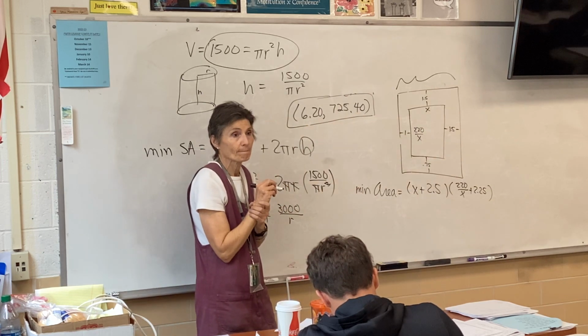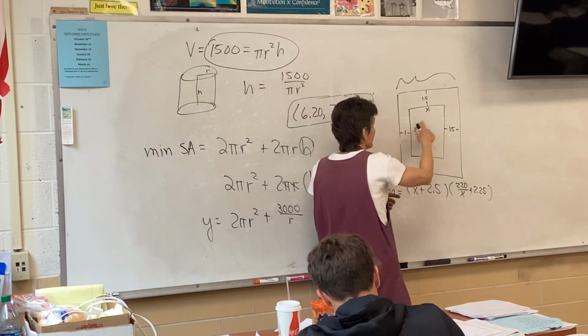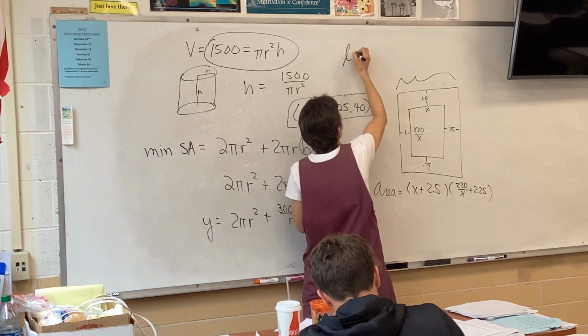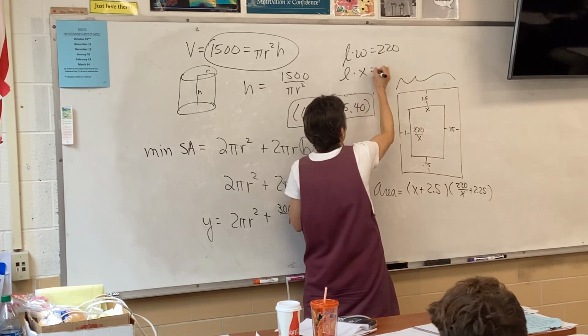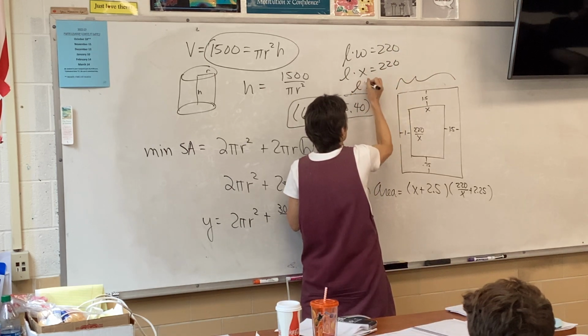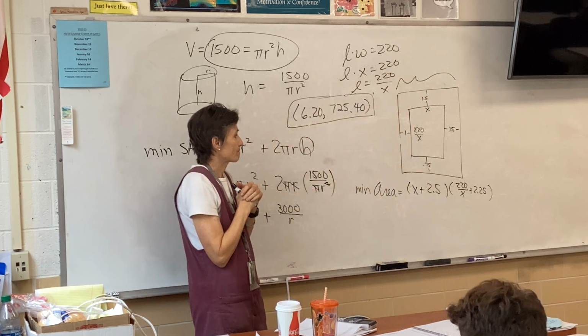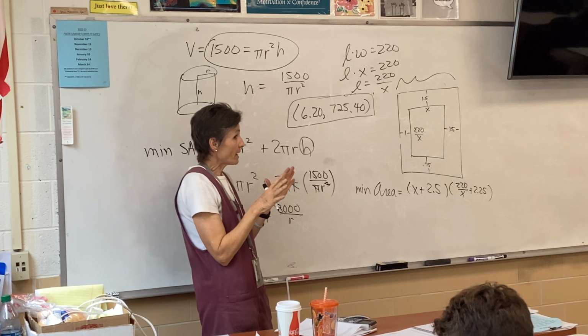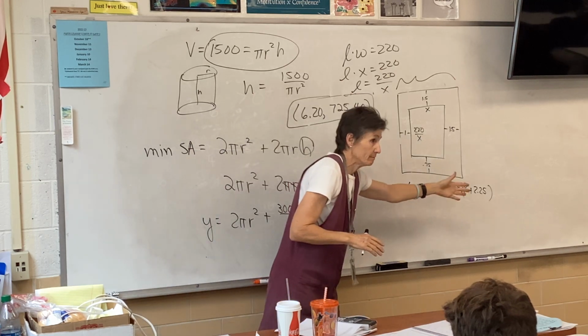So why is it 220 over x? All I know is the area, so length times width has to be 220. If width is x, then length has to be 220 over x, right? Now, since you're going to your calculator, if you want, you can just leave it like that.